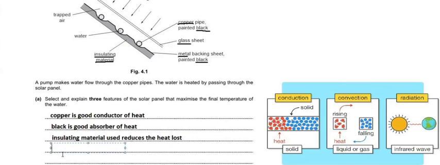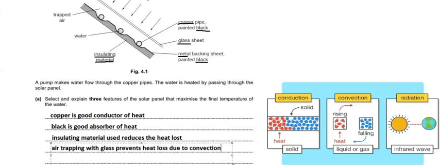So we can write down the air trapping with glass prevents heat loss due to convection. So this way you can write down any 3 points.